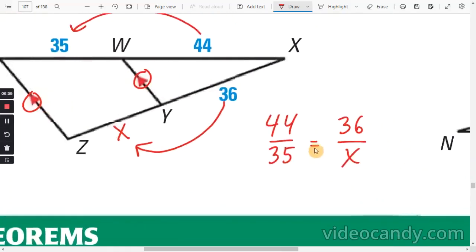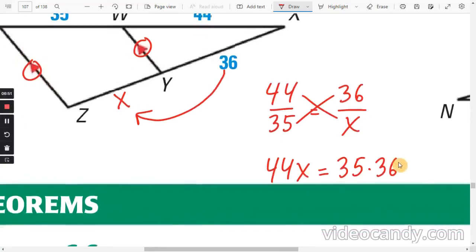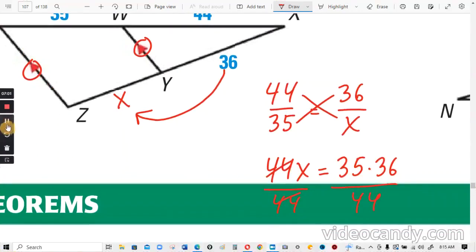Okay, cross multiply: 44 times X equals 35 times 36. All right, and dividing both sides by 44 in order to solve for X. Cancels here. I'm going to do this on the calculator. All right, and I get a big decimal here. I get 28.636.